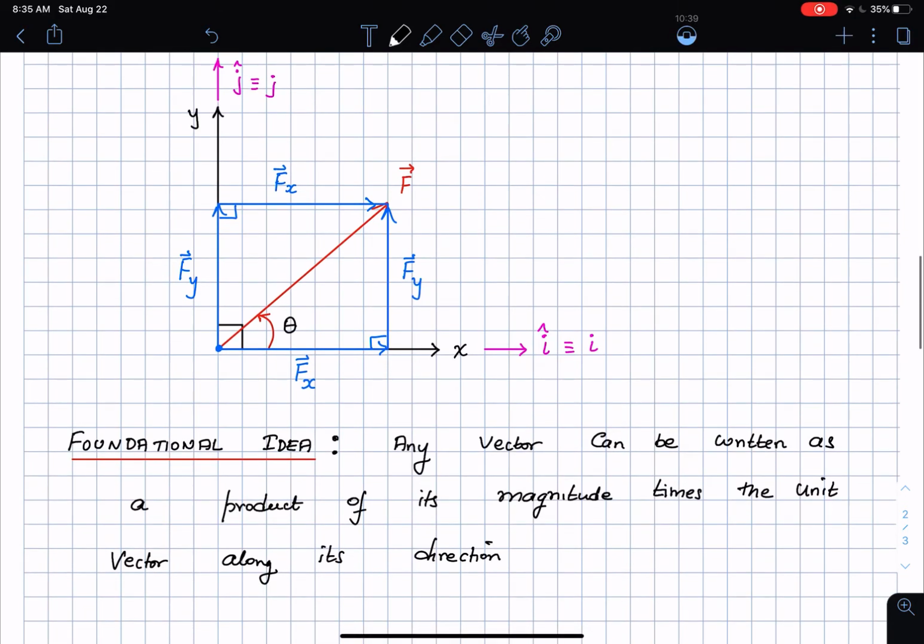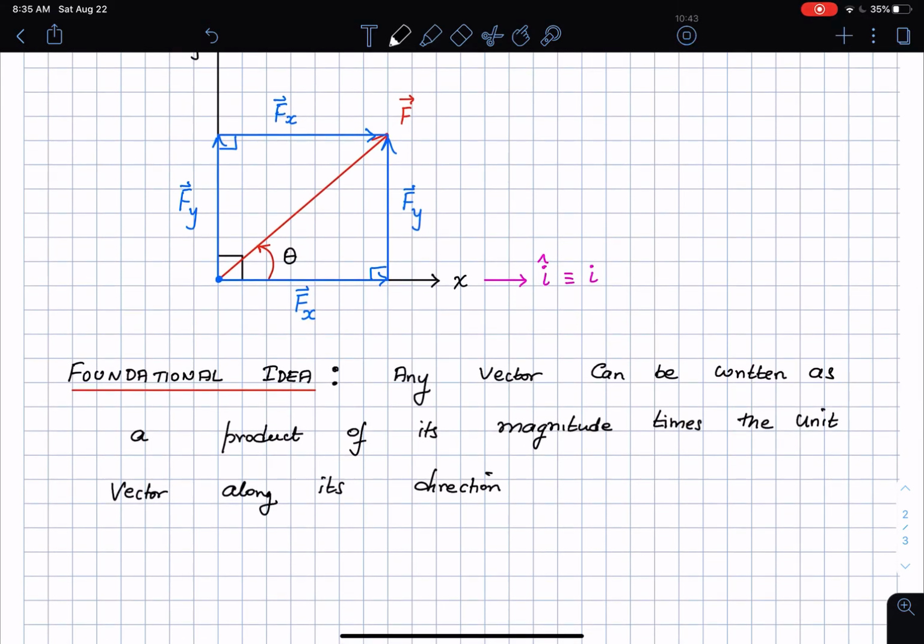And typically the direction is called the line of action. So along its direction, or along its line of action. This is also another key word that you might not have seen before.